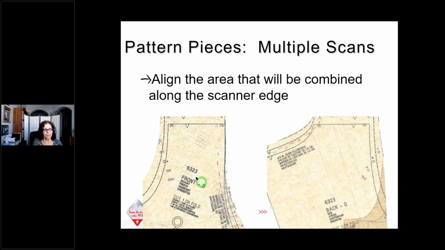So in the case of this pattern where the design is going to go, it's larger, I couldn't do it in one scan. So I wanted to align the shoulder seams with the scanner. So the pattern pieces were placed in the scanning bed so that the shoulder seam, rather than the center front, aligned with the edge of the scanner.